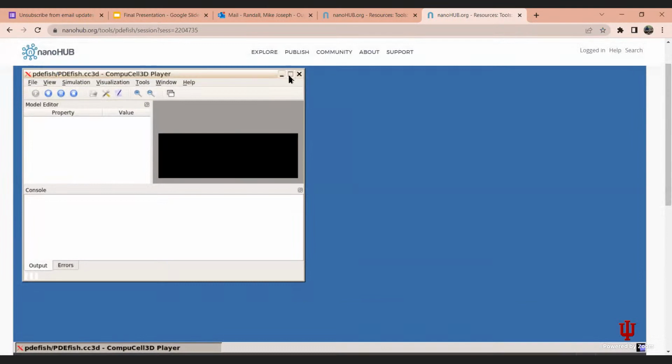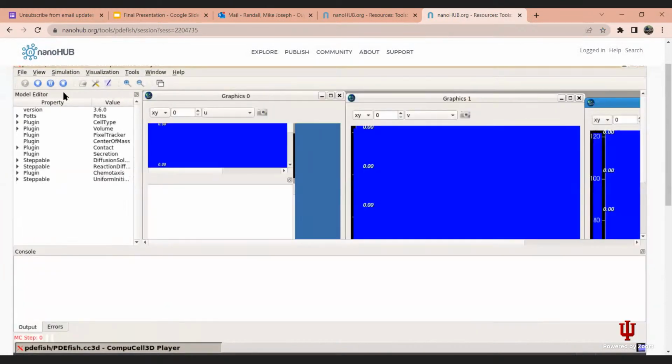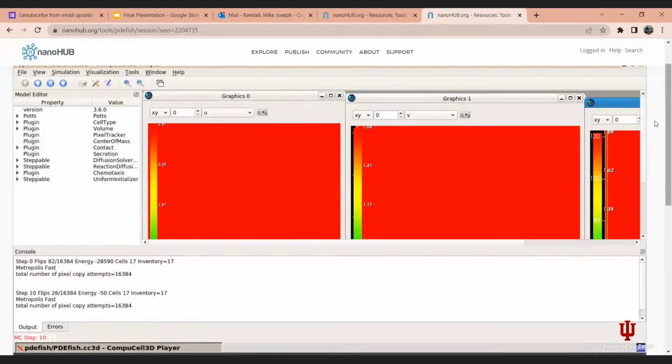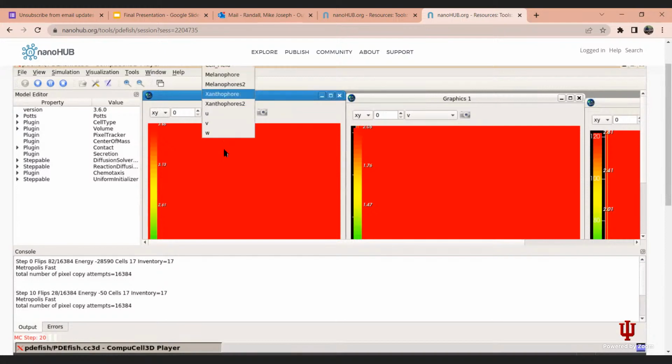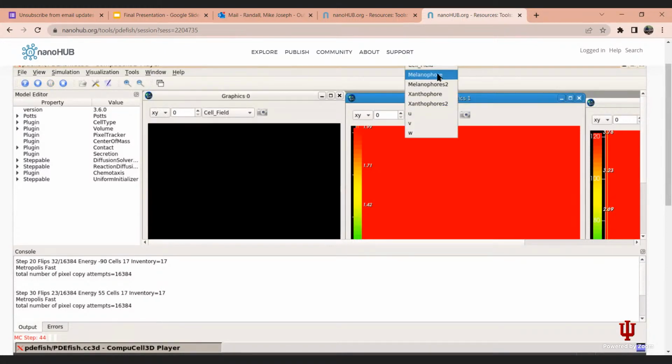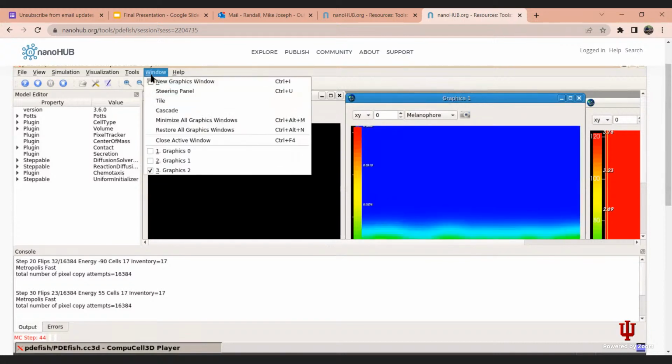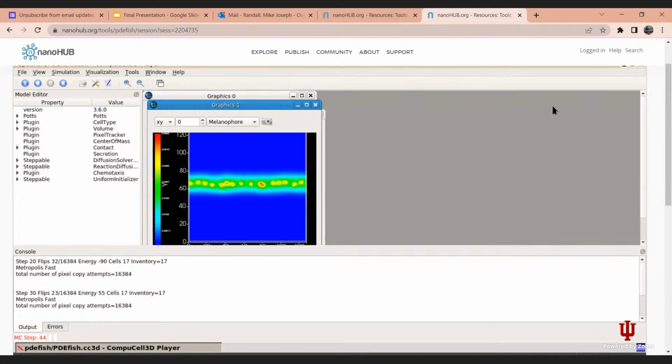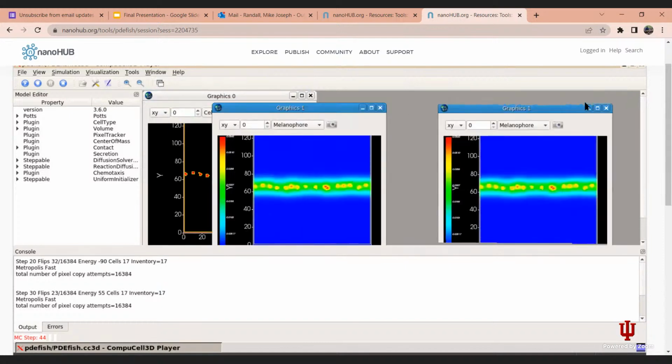Let me just make this larger. All right, so we still have the UVW fields, but if we're just looking at, hold on, let me make this a little easier to see.